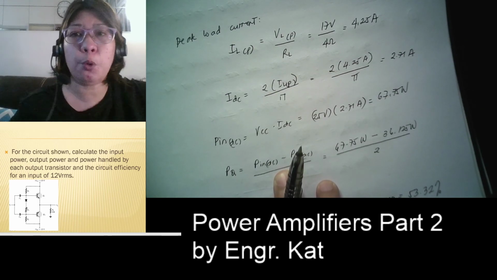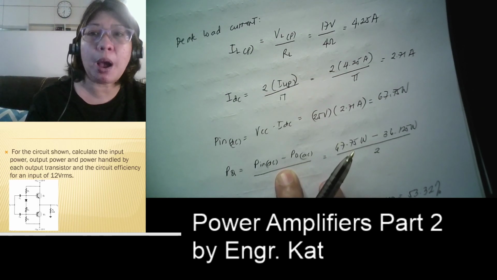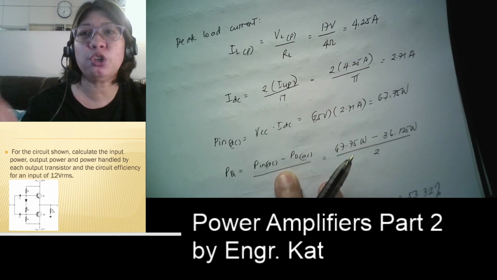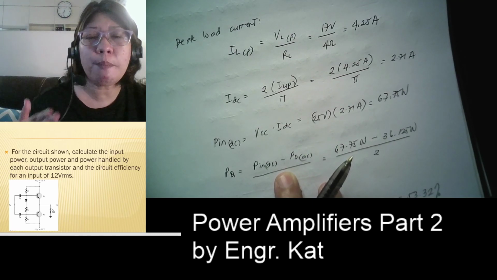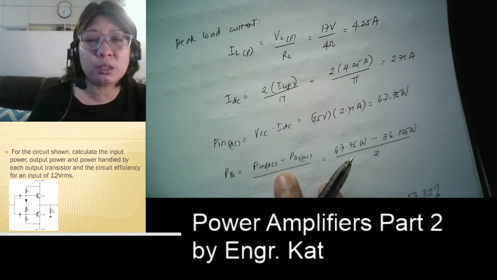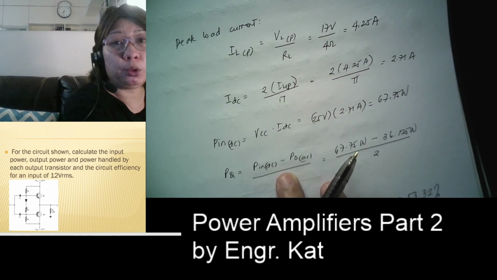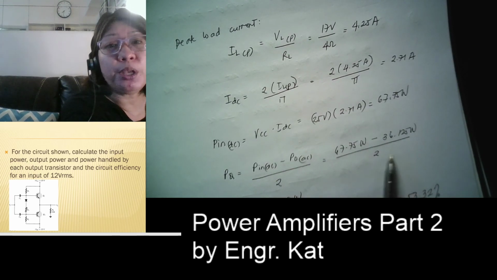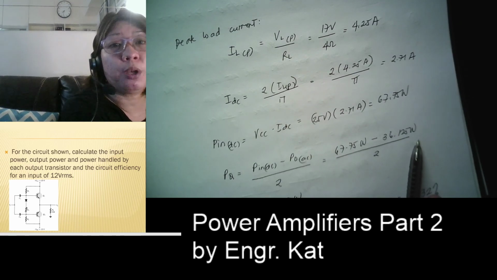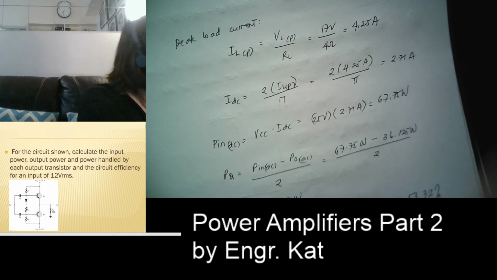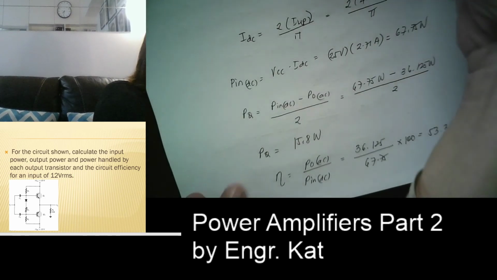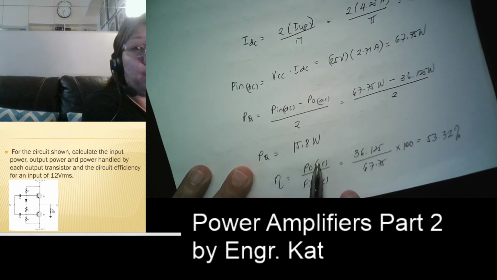But if we want to determine the power dissipated by each transistor, assuming that they are symmetrical, we are just going to divide this by 2. So this is 67.75 minus 36.125, divided by 2. That will give us 15.8 watts.